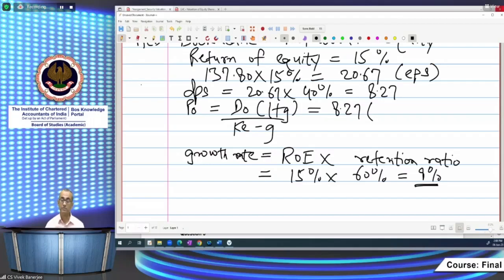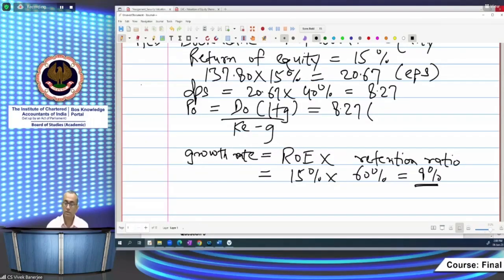Therefore, the retention ratio is multiplied by the return on equity, meaning whatever equity portion has been invested in the growth opportunities, and whatever return has been generated from those is multiplied by the retention ratio to calculate the growth rate. So growth rate is coming to 9%.